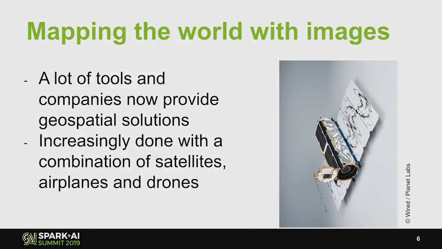So things have become increasingly automated. As an example, if you take a look at the picture on the right-hand side, that's actually a satellite from Planet Labs, which is, if I'm not wrong, based in San Francisco. And they have more than 80 of these satellites, taking pictures of the world daily. So you can only imagine the amount of data that is generating.